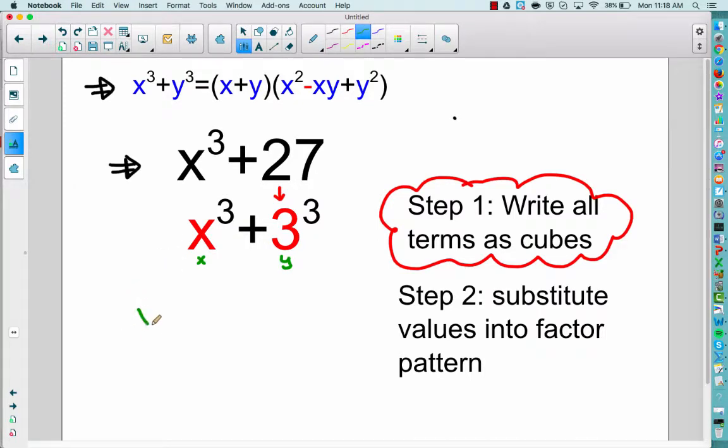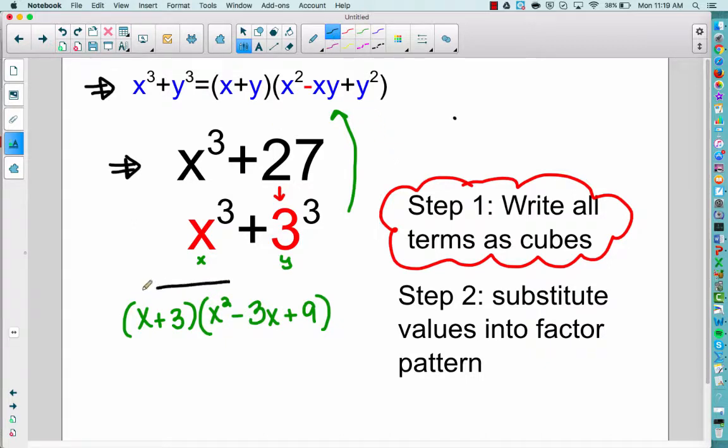So we would get x plus 3 times x squared, minus, you multiply 3 times x and you get 3x, and then you square 3, which gives me plus 9. You can see I substituted those values directly into the pattern, and now I'm in factored form using the sum of cubes.